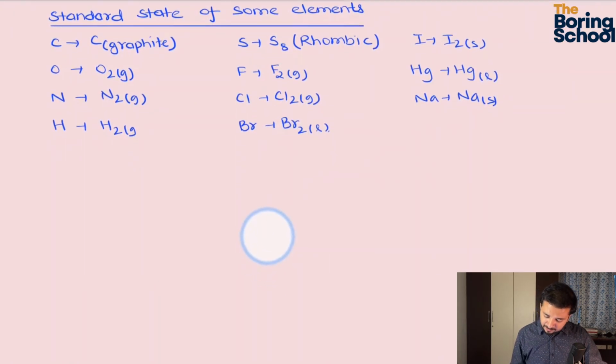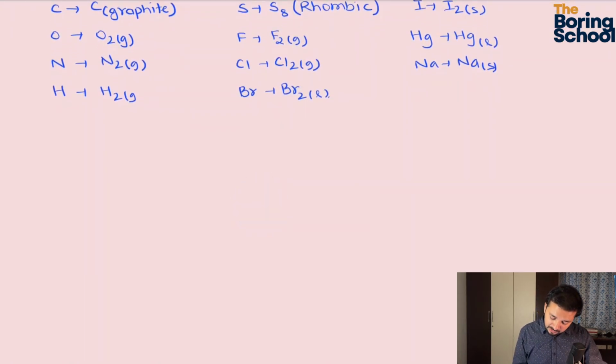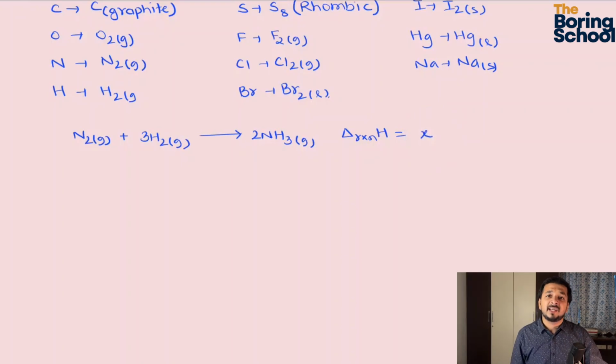Now, let's take some examples. Let's say I have a reaction N2 gas plus 3H2 gas giving 2NH3 gas. Delta H of this reaction, let's say, is X. Now, is this X our heat of formation?